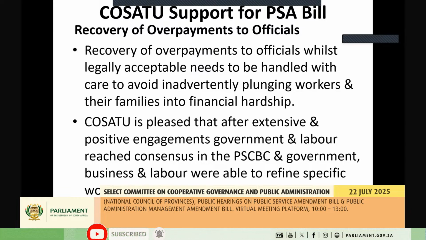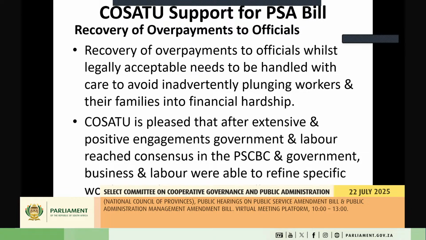Chair, just the last clause on the recovery in the PSA bill, the recovery of overpayments to officials, it's legally correct, it's accepted, etc. It does need to be handled a little bit delicately just to avoid unintended consequences, where you could, for example, if somebody was overpaid 20,000 Rand and then you wanted to recover it in a single lump sum payment from a nurse, that could have the unintended consequence of plunging that family into hardship.